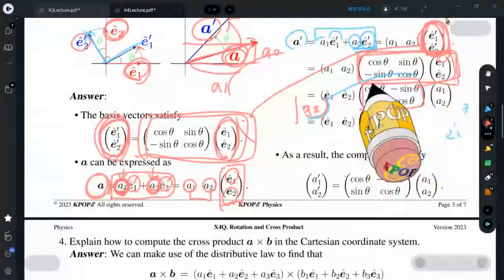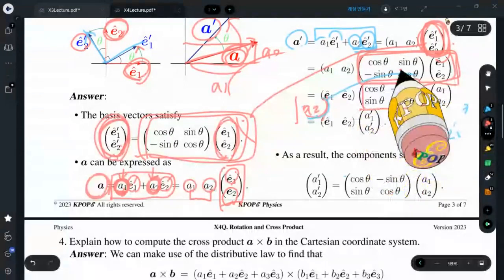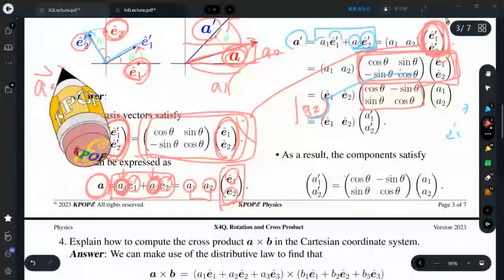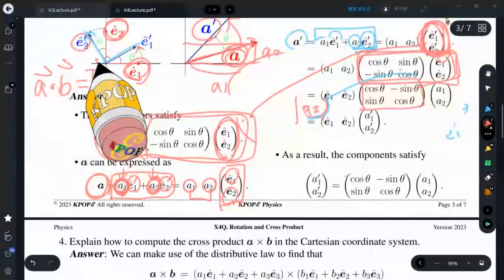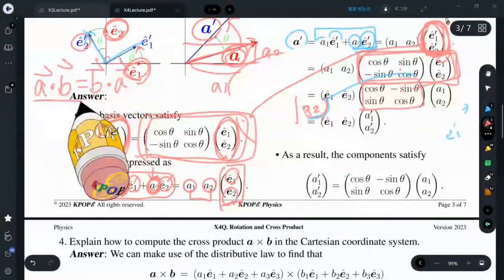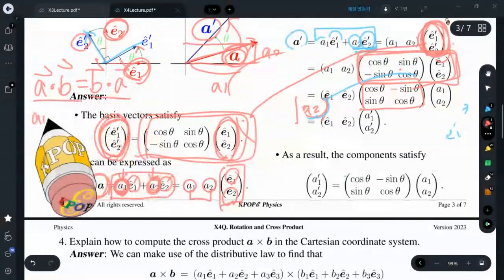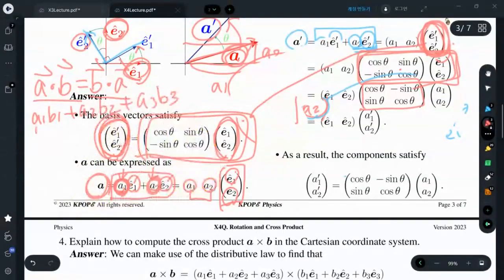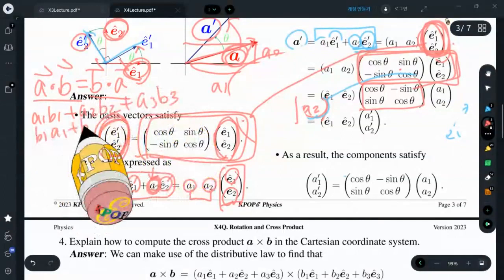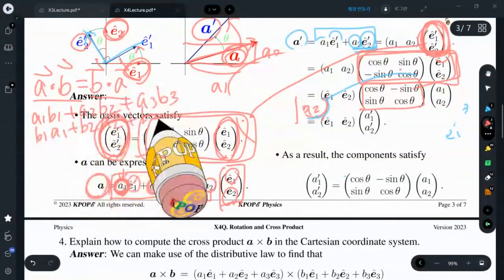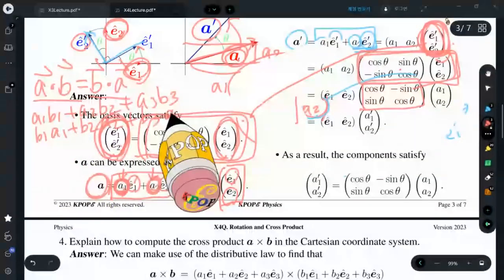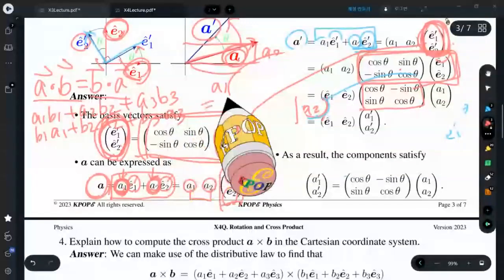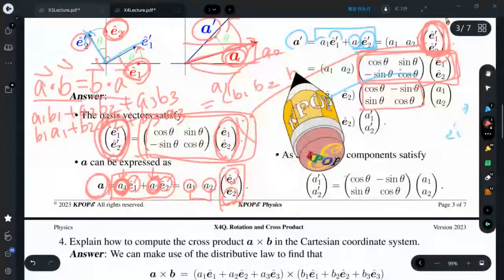and then you remember A dot B equals B dot A. What's that? A1, B1, A2, B2, A3, B3. That is B1, A1, B2, A2, B3, A3. What's that? This is B1, B2, B3, and why don't you stand up?